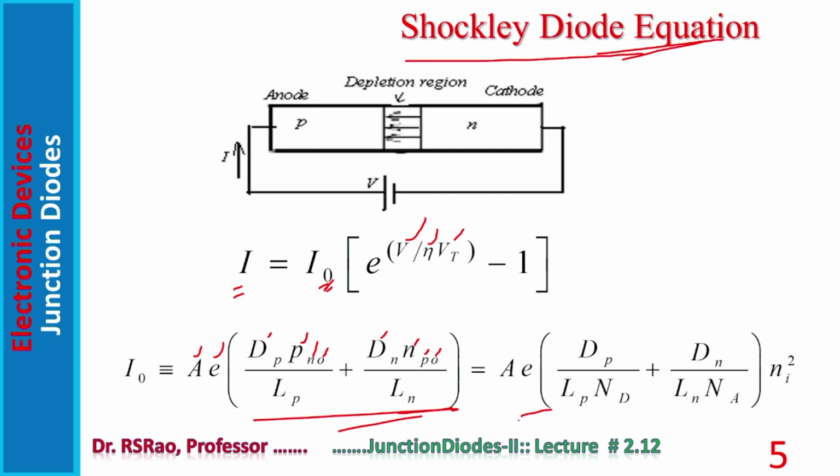This expression can be shown equal to A into E multiplied by Dp by Lp Nd, where Dp and Lp we know, and Nd is the impurity concentration on the N side, plus Dn by Ln multiplied by Na, where Na stands for impurity concentration on the P side, multiplied by Ni square. Ni is the intrinsic carrier concentration. It depends upon temperature. It also depends upon the semiconductor.